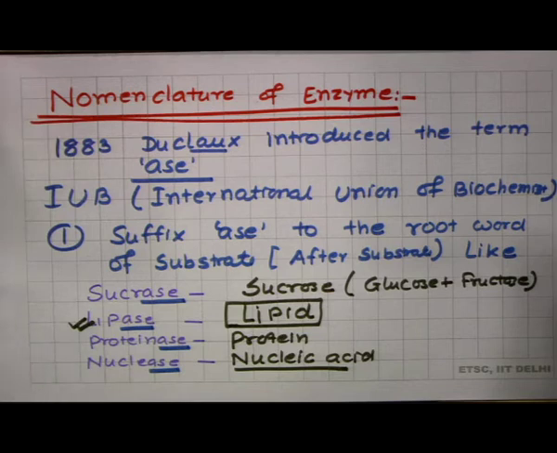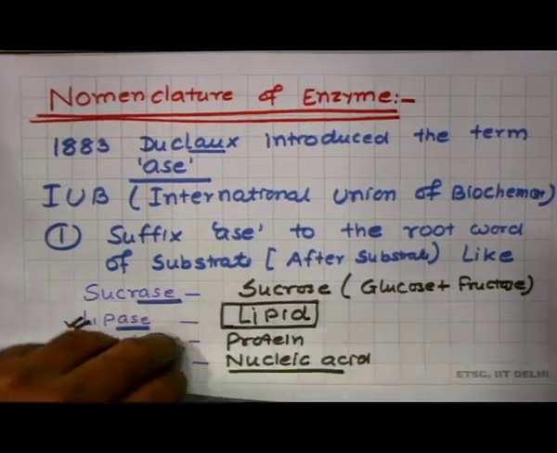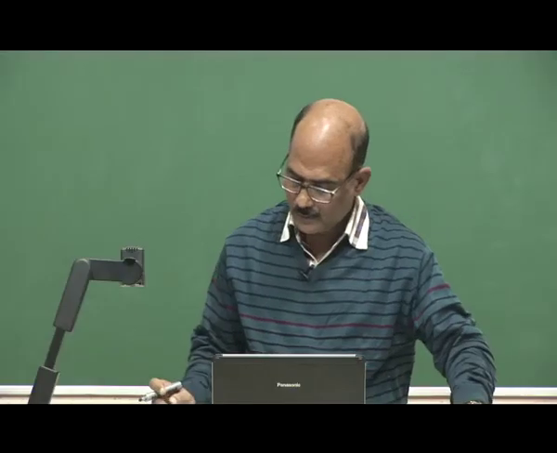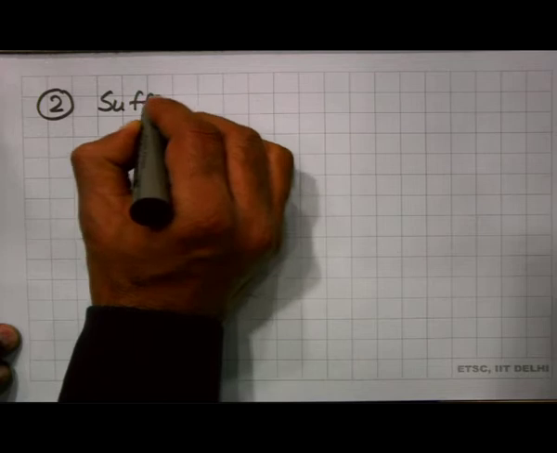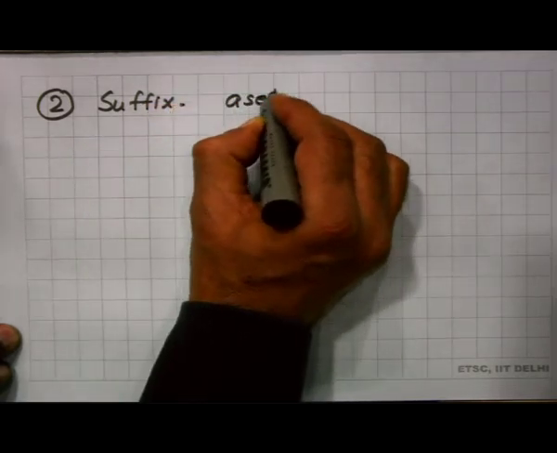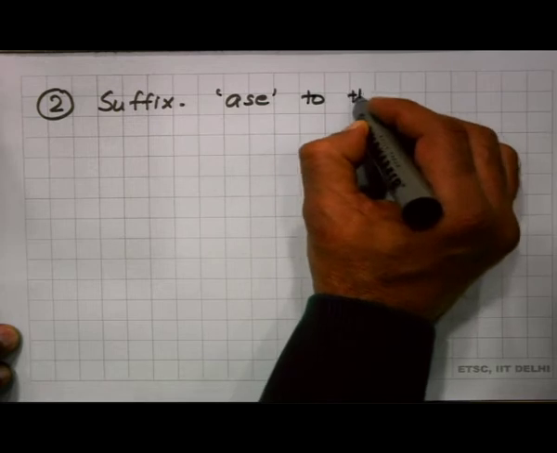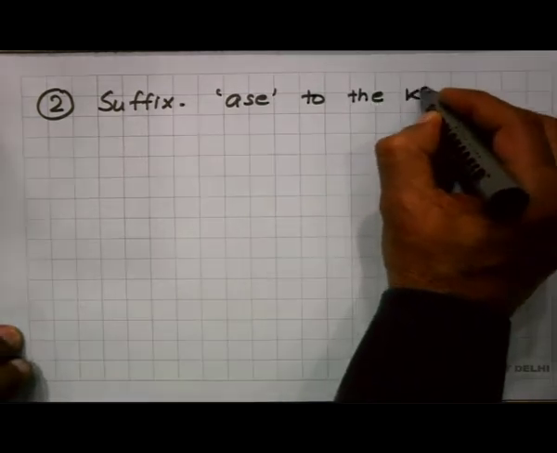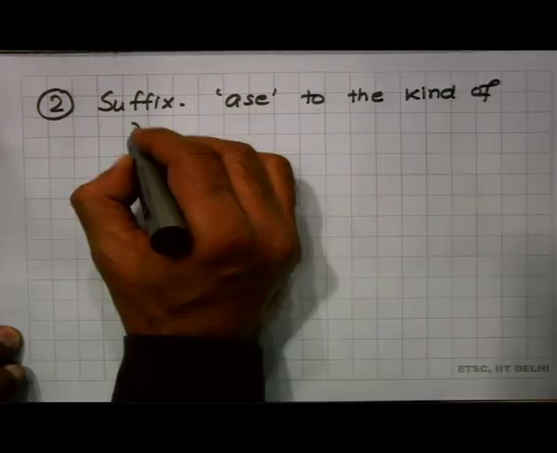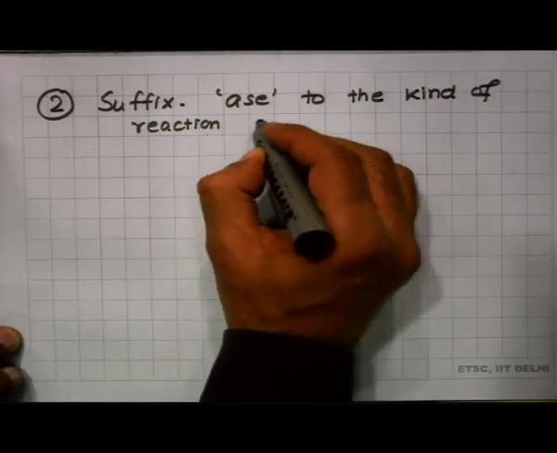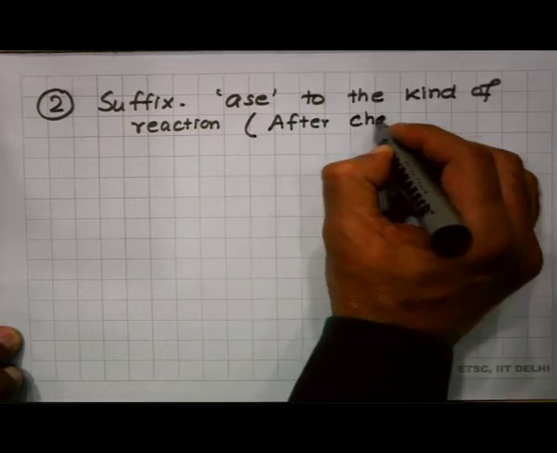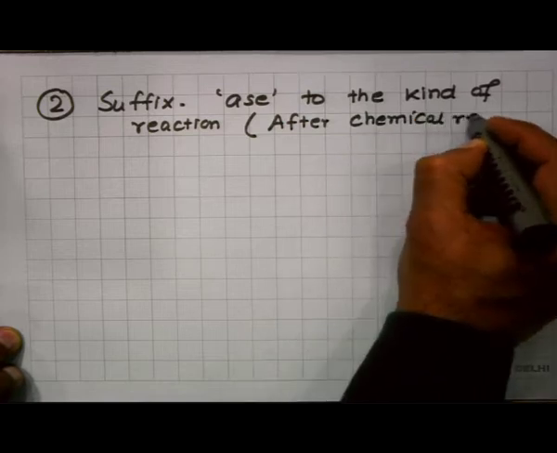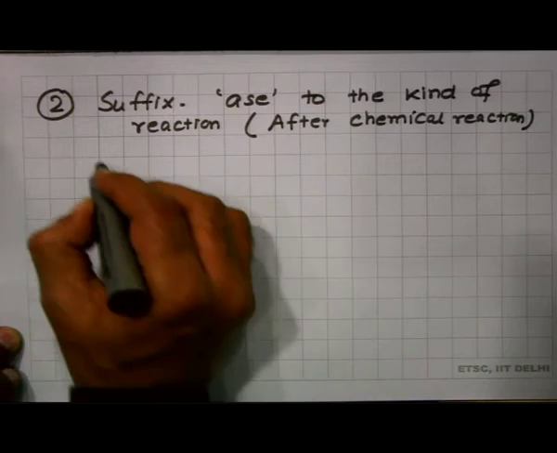Now, the second very important point in the naming of enzymes: the suffix ase added to the kind of reaction, named after the chemical reaction they catalyze.